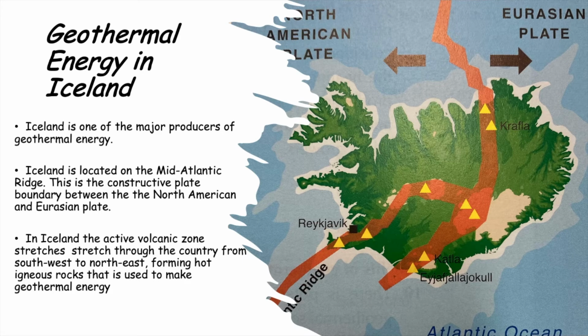In Iceland, the active volcanic zone stretches through the country from southwest to northeast, forming hot igneous rocks that are used to make geothermal energy. So we should know from earlier in the chapter that igneous rocks are created from volcanic activity. Iceland have now taken these hot igneous rocks and are using them to create geothermal energy.